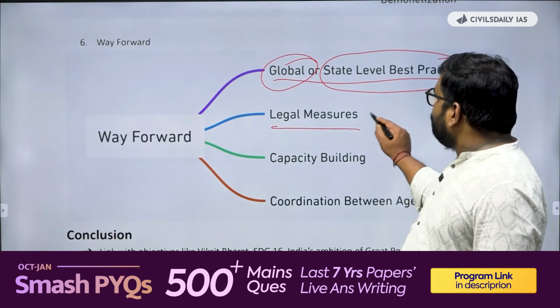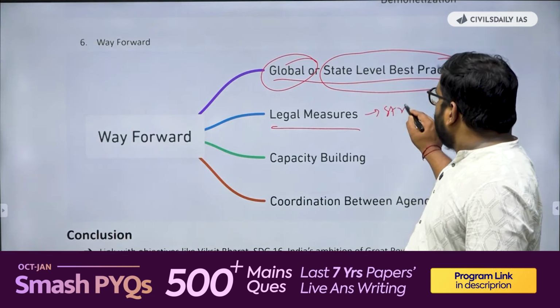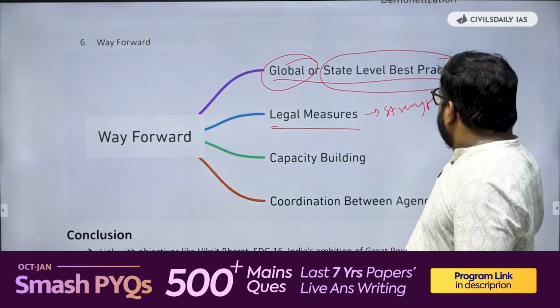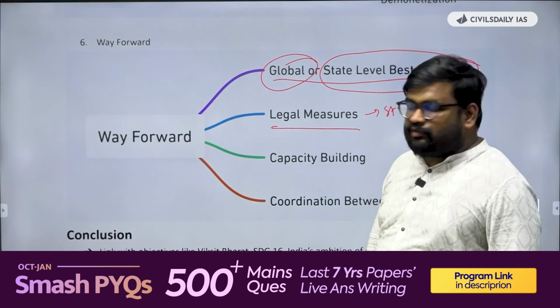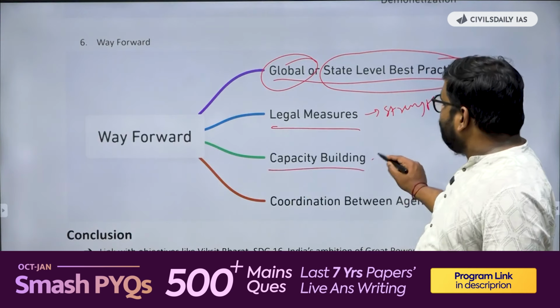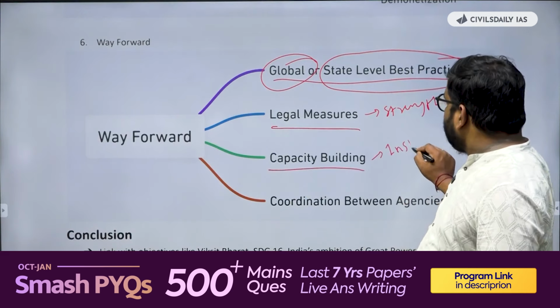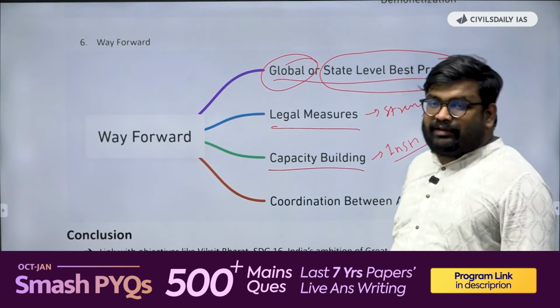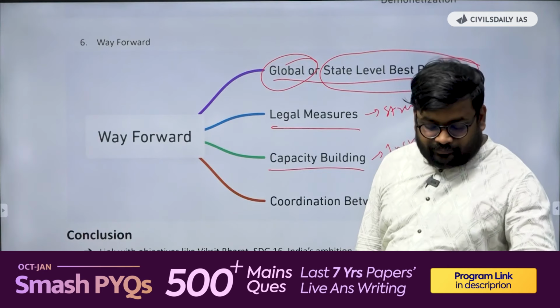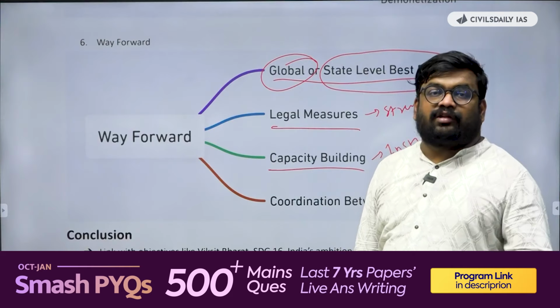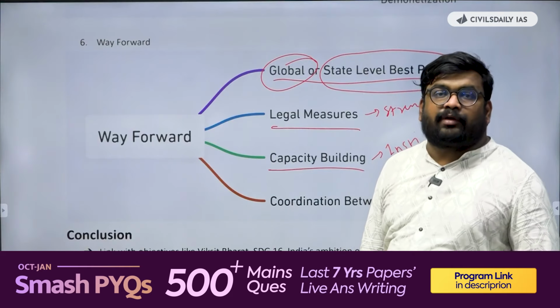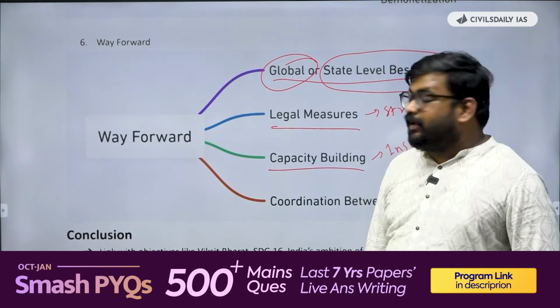Then the legal measures, that is the strengthening of the laws, or updating or amending of the laws. Then capacity building, this is your institutional aspect. The training, the modern equipments, or training with respect to cyber security. You can give the example of the Cyber Dome project of Kerala.